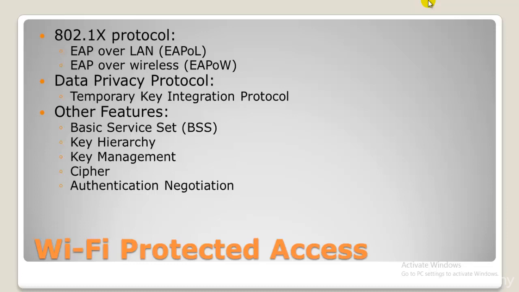The most common wireless protected access configuration is WPA-PSK, that is the pre-shared key. The keys used by WPA are 256-bit, a significant increase over the 64 and 128-bit keys used in the WEP system.